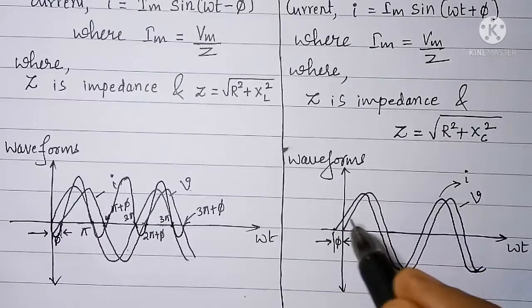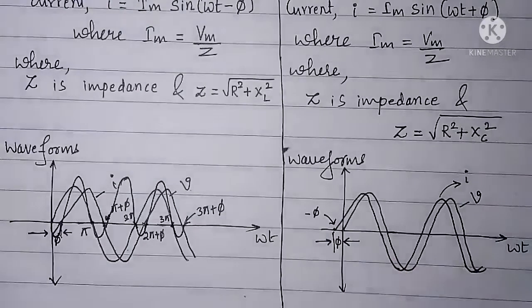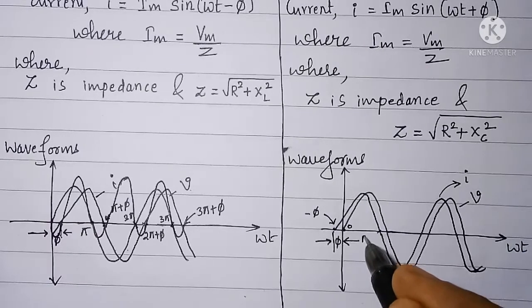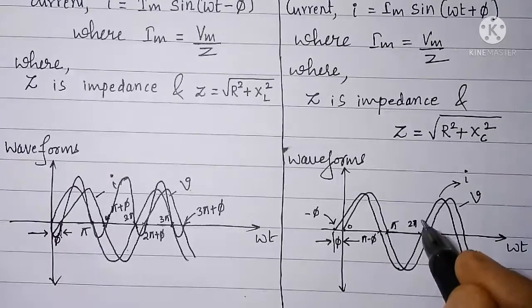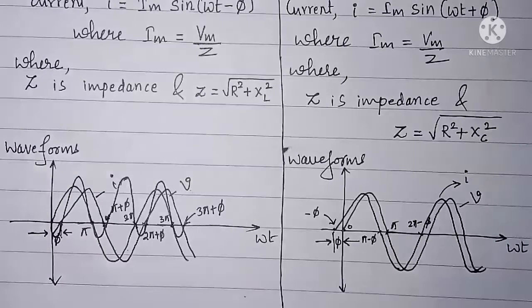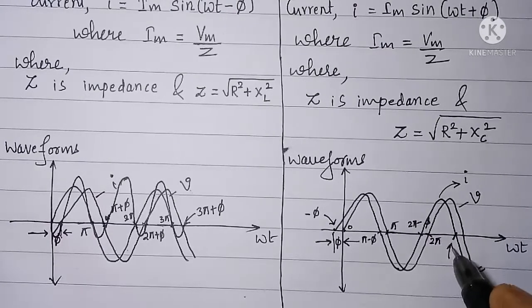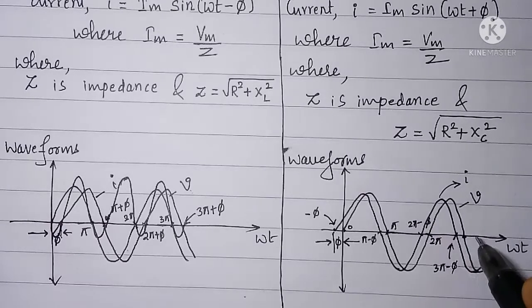And here, this is minus phi, 0, here it is pi minus phi, this is pi, this is 2 pi minus phi, this is 2 pi, this is 3 pi minus phi, and this is 3 pi.